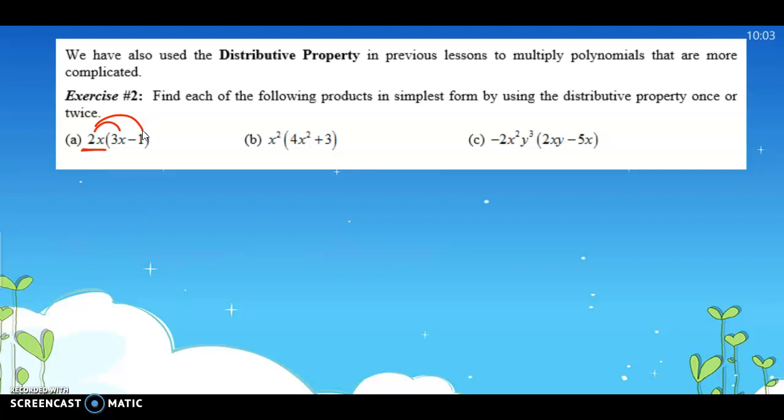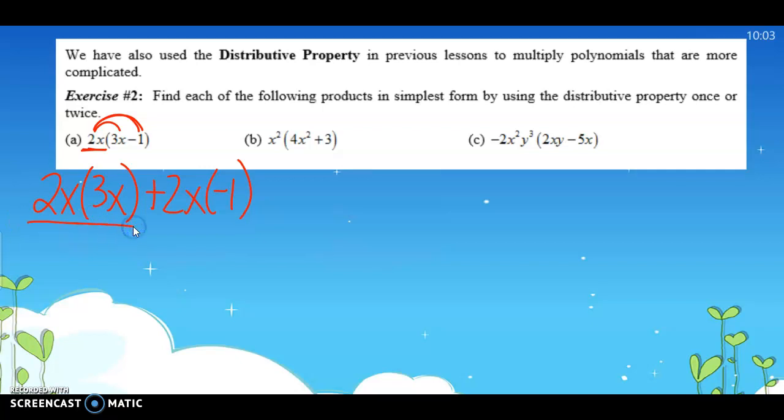So I'm going to write this out the long way. 2x times 3x is what the first piece is going to be. And then let's assume it's positive, so let's go plus 2x again, because I got to send the 2x out to the negative 1 times negative 1. So again, I'm showing you the long way the first time, and this is basically monomial times monomial, right?